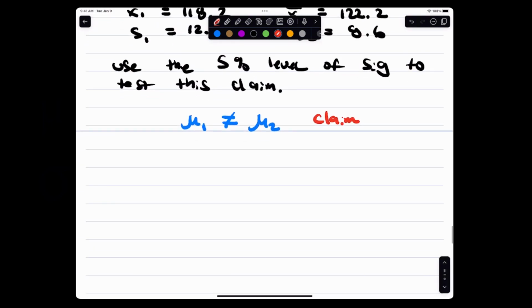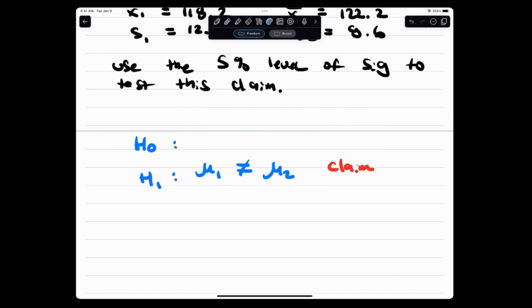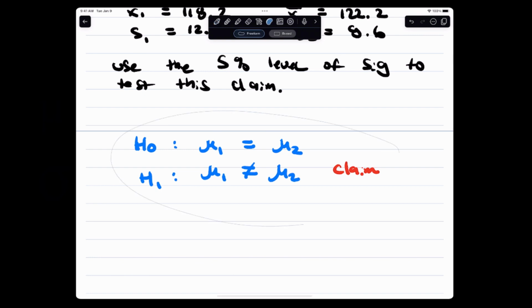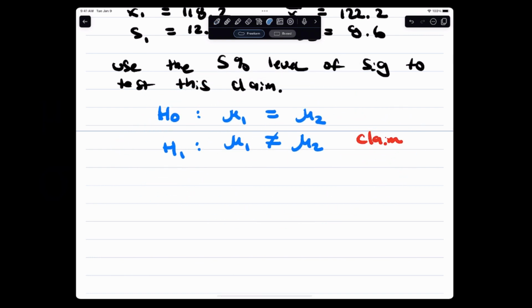Now, where do you place this? Is that a null or an alternate hypothesis? How do you know? The not equal, the lack of equality. It goes down there. Good. And then the logical opposite, mu1 equals what? Mu2. So, ladies and gentlemen, this is a what kind of test?